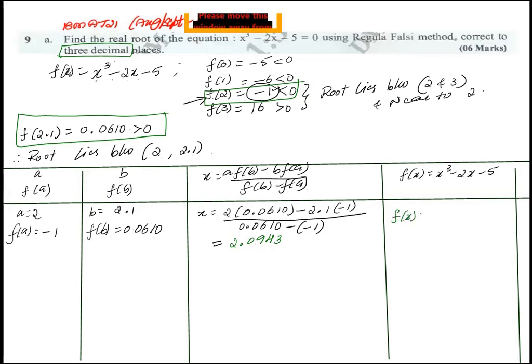Next, f of x equal to 2.0943 power 3 minus 2 into 2.0943 minus 5. Your answer is negative 0.0028.